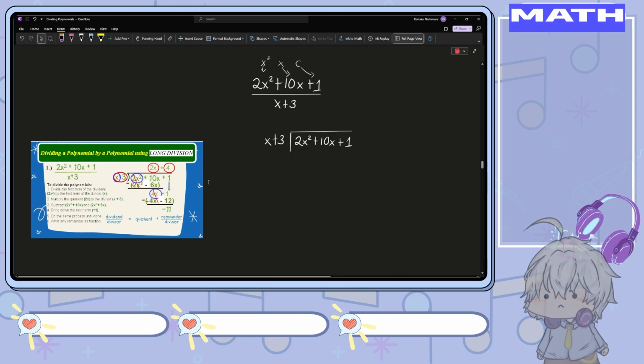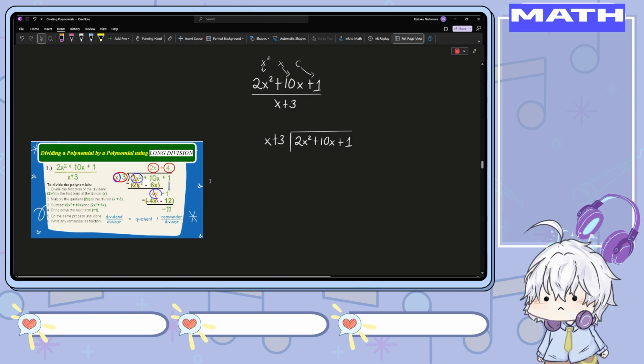Now, the next step is that we need to check the first terms of both the dividend and the divisor. Those being 2x squared here, and x here. Let's just divide them individually.